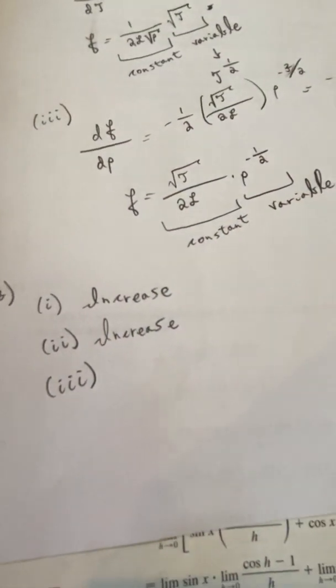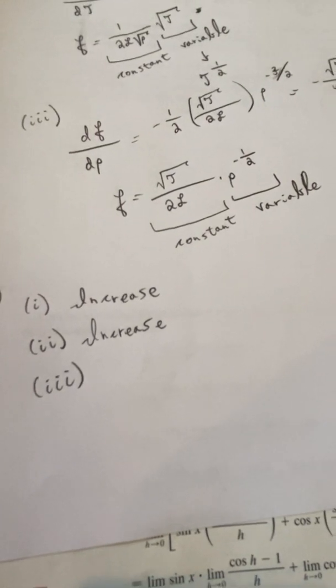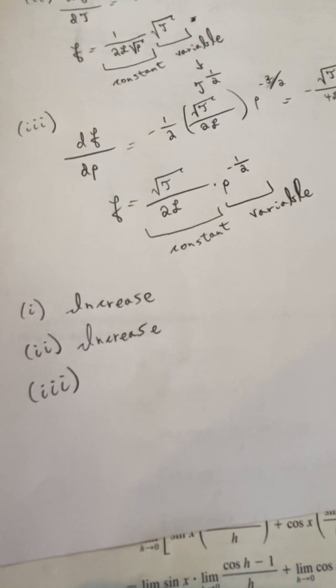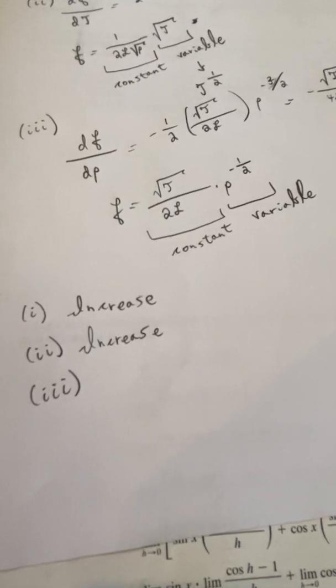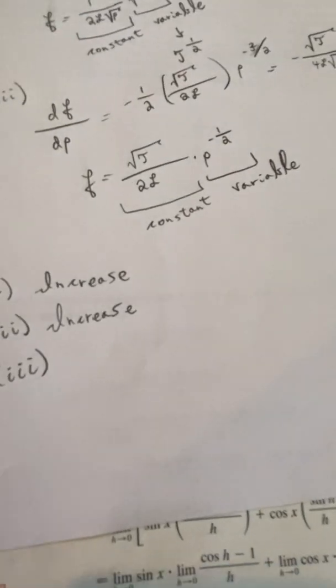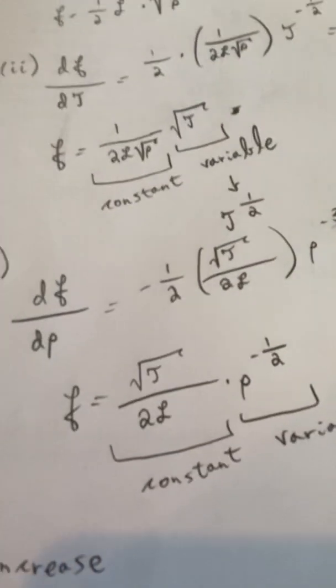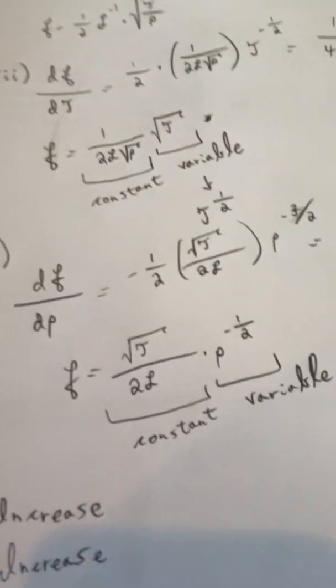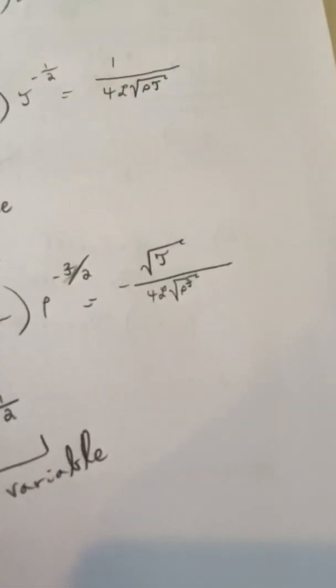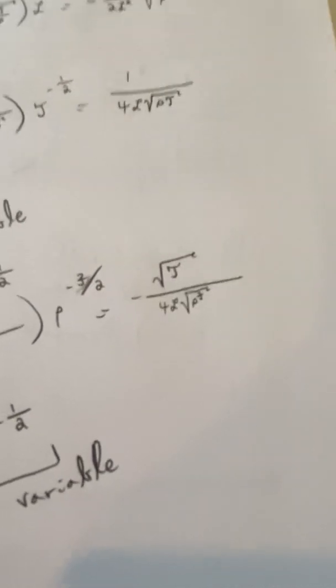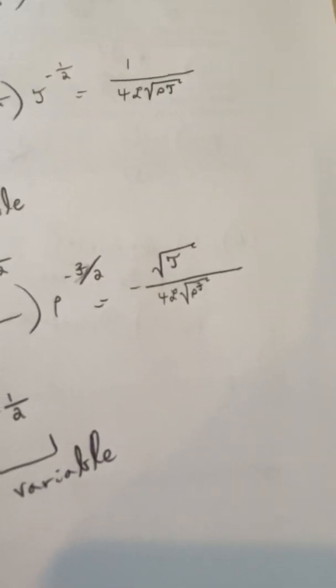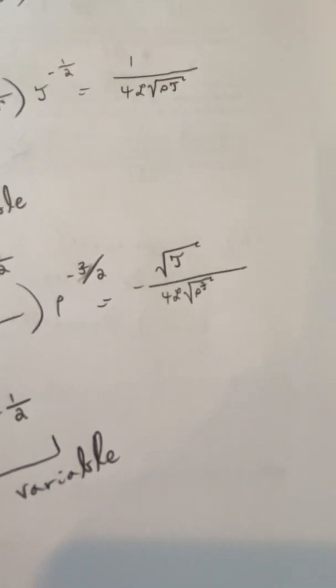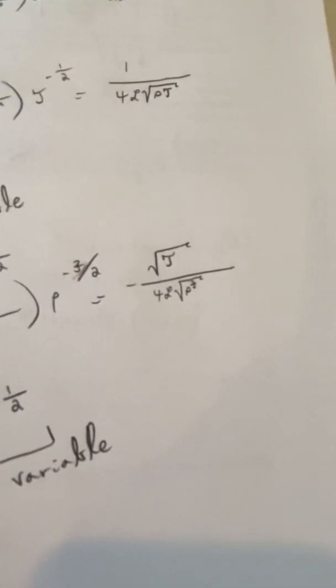And then Roman numeral 3, little 3, when the linear density is increased by switching to another string. So in this case, we're going to want to look at what we got here in Roman numeral 3, part A. So we can see we have a negative sign on our dF over d rho.